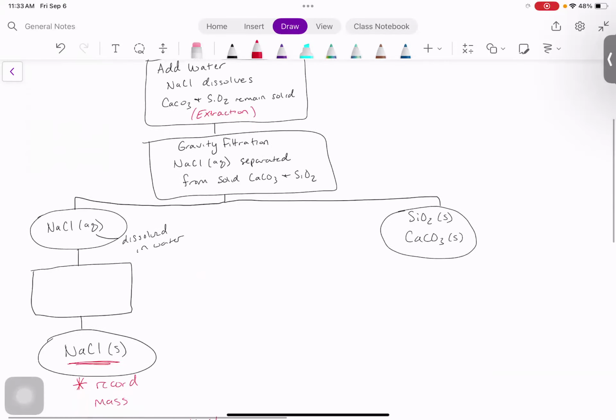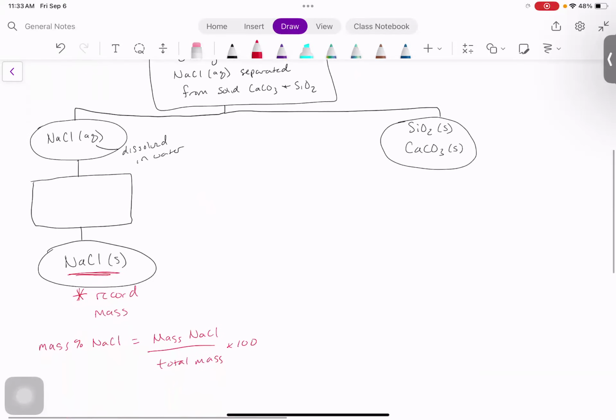So that's how we'll do our calculation to get that mass percent. And that's why we need to record that mass. So you'll fill in what action we're going to use to separate the sodium chloride that's dissolved from the water that it's dissolved in. So we've got to remove that water. And you'll fill that spot in the flow chart here.